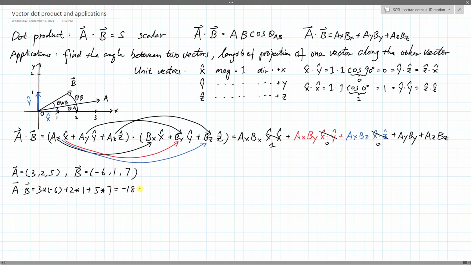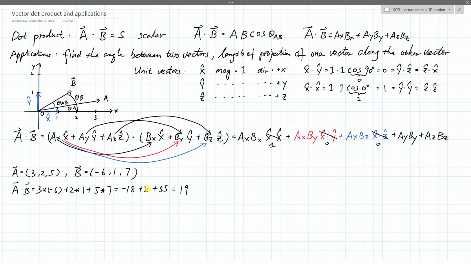That's -18 plus 2 plus 35, which gives 19. So that is the dot product.